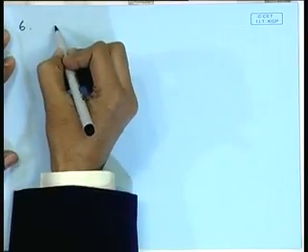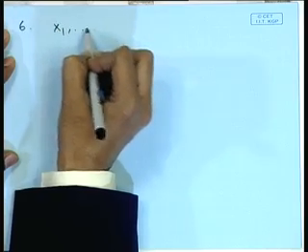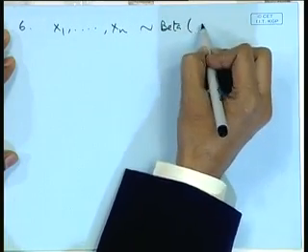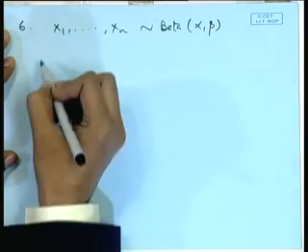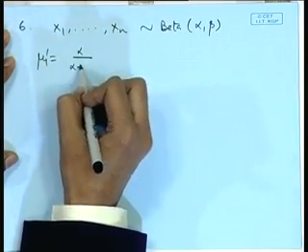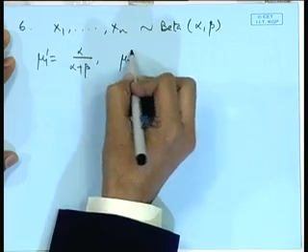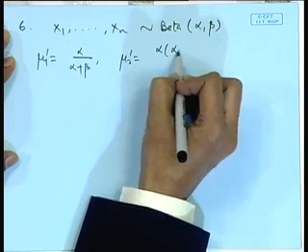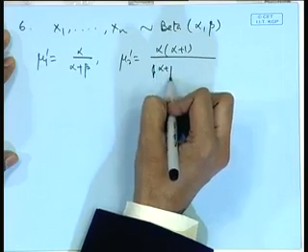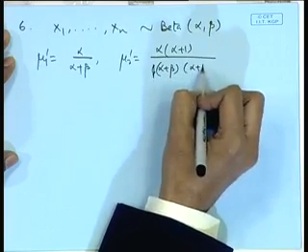Let us take, say, beta distribution. x1, x2, ..., xn follow a beta distribution with parameters, say, alpha and beta. Here mu 1 prime is equal to alpha by (alpha plus beta), and mu 2 prime is equal to alpha(alpha+1) divided by (alpha+beta)(alpha+beta+1).